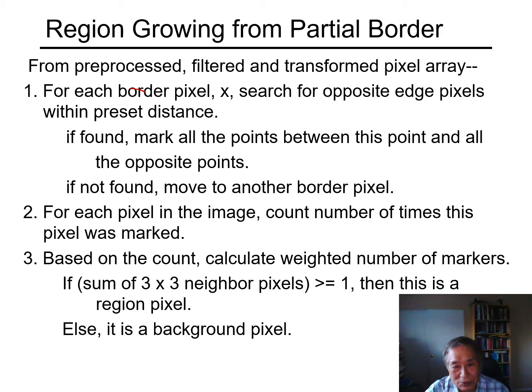You can find them, and then the region can be grown. In other words, there is a partial border, so you identify a big region of the same nature, like the same wall, or the same desktop, or sky. Then here is the pixel array algorithm. For each border pixel, you look at the intensity and move until you hit the opposite edge pixels.